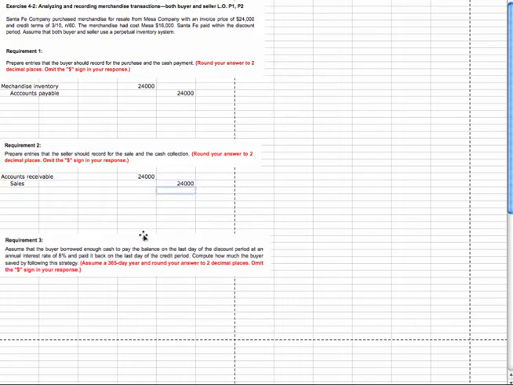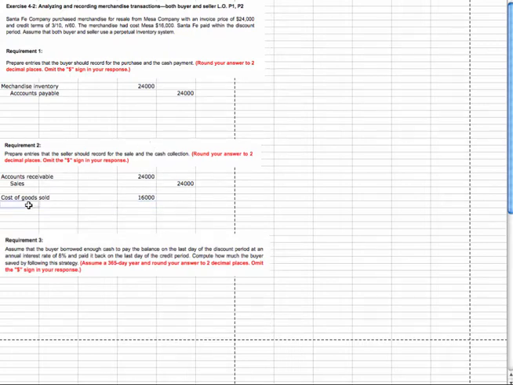Now, because we're doing a perpetual inventory, we have to recognize the cost of goods sold at the same time. So at the same time, what we're going to do is recognize the cost of goods sold entry, or the expense. So we're going to debit the expense account called cost of goods sold. And we're going to debit that for the cost of the inventory, which was $16,000. So we're going to put $16,000 as a debit.